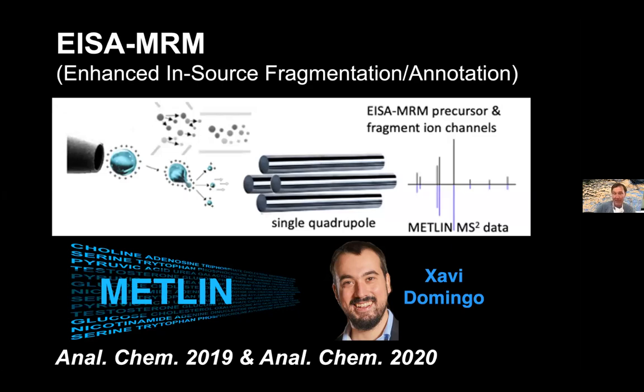So this is on the top here. This is data from the in-source fragmentation. Obviously, the intensities don't always match as well as this one does, but this is from the Metlin MS2 database.